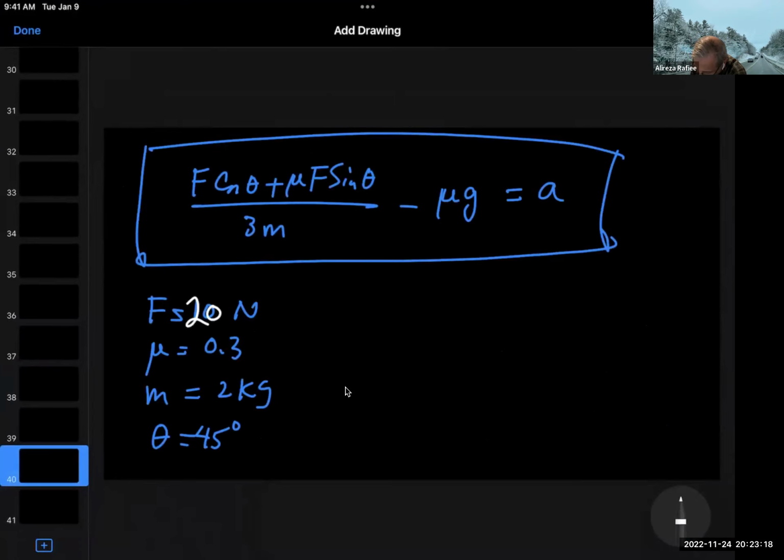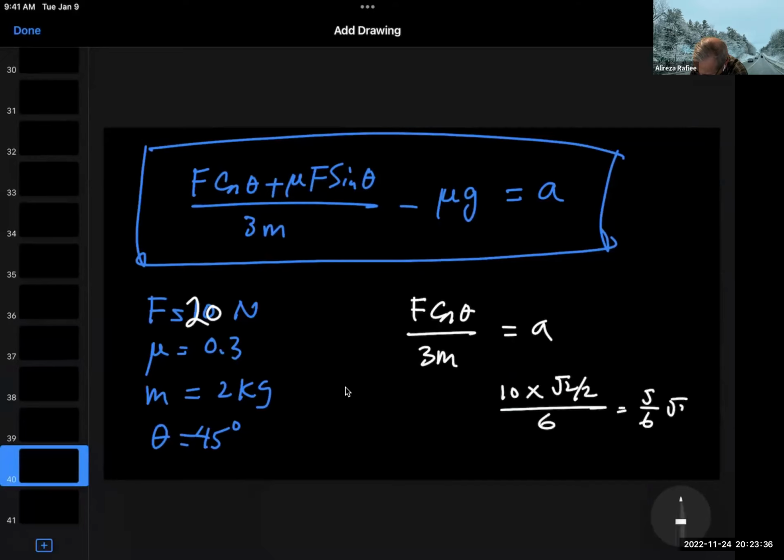Then this one would be 0, this part would be 0, so you will end up with F cosine of theta divided by 3m is equal to a. And yes, this would be 10 times root 2 divided by 2 divided by 6. That gives you 5 by 6 root 2. And it is a positive acceleration.